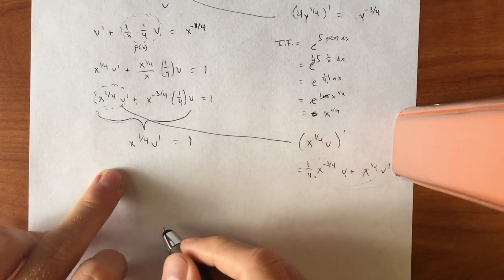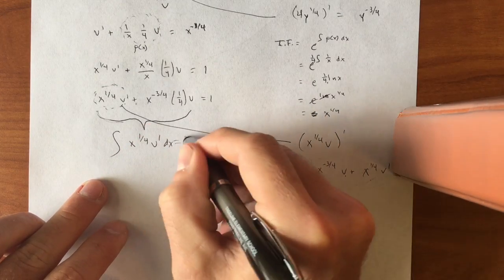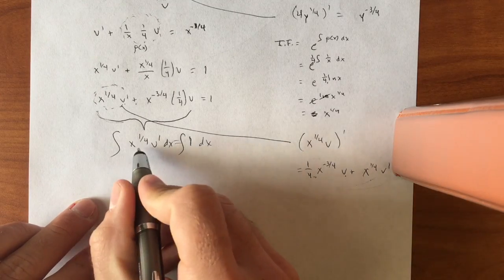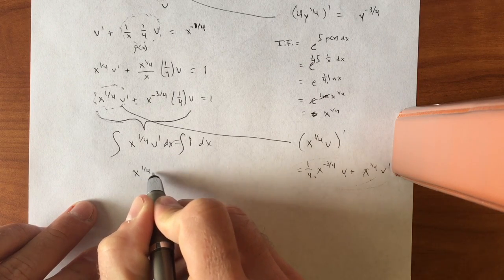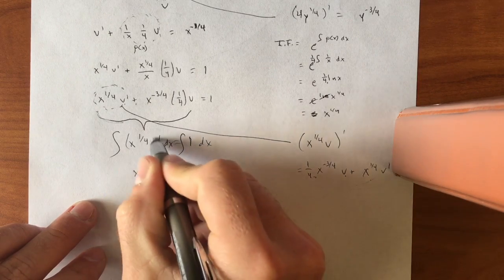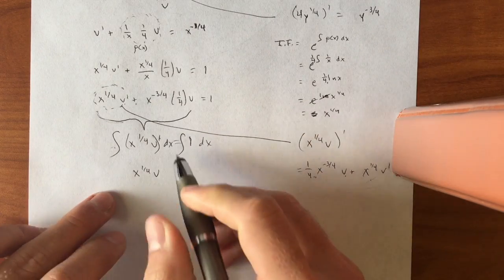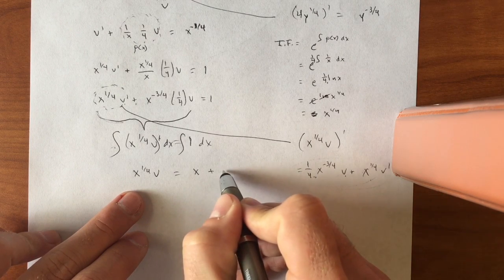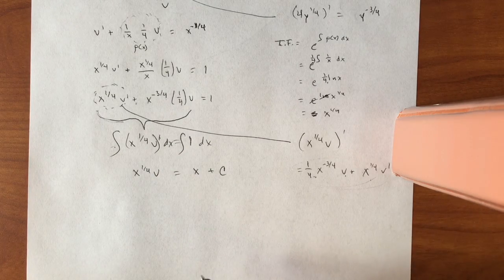And what we can do here is integrate with respect to x on both sides. Integrating this, we will have x to the 1/4 v. This integral is basically canceling out this derivative, and it is equal to x plus c. Since it's an indefinite integral, we have to have our constant.